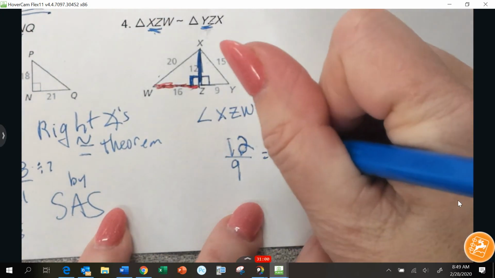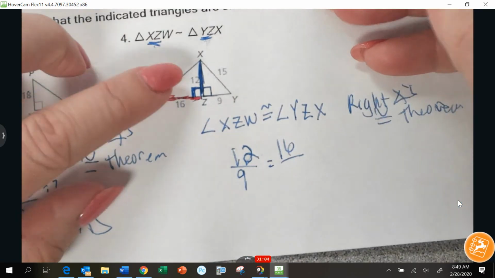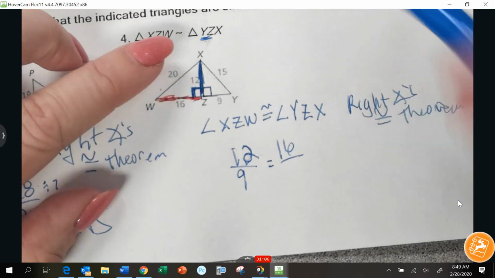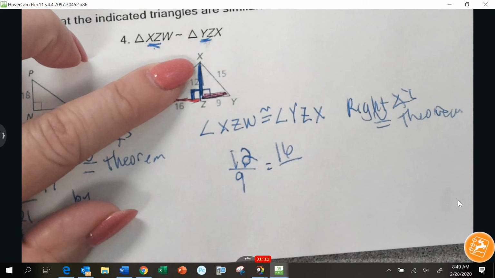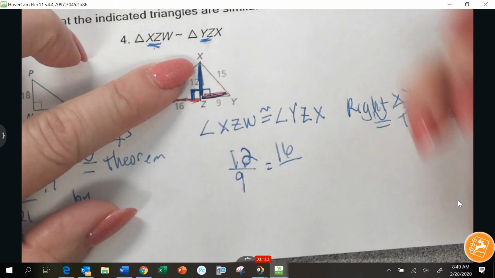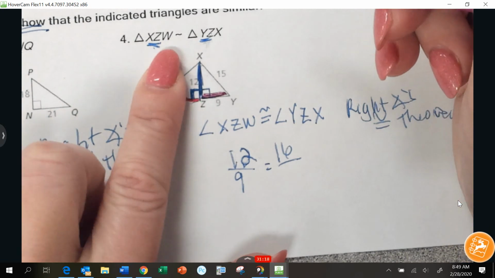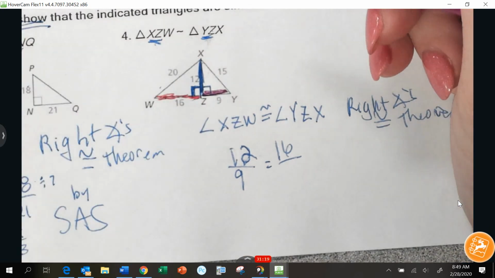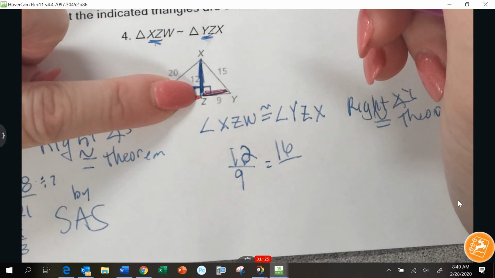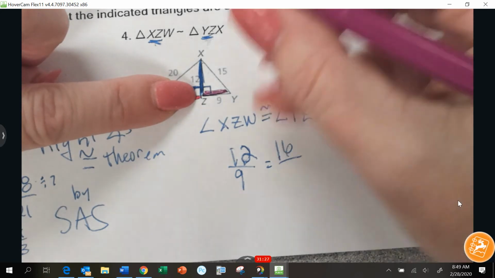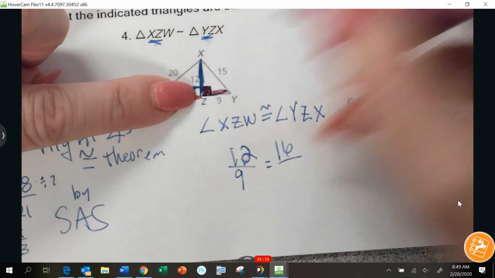So 16 is going to be on top. Now, in the other triangle, same thing. We used the 9. I'll do that in a different color. We used the 9 already in the other triangle. So, Jay, which number should I use in the second triangle? So I want to use the sides that make the right angle.